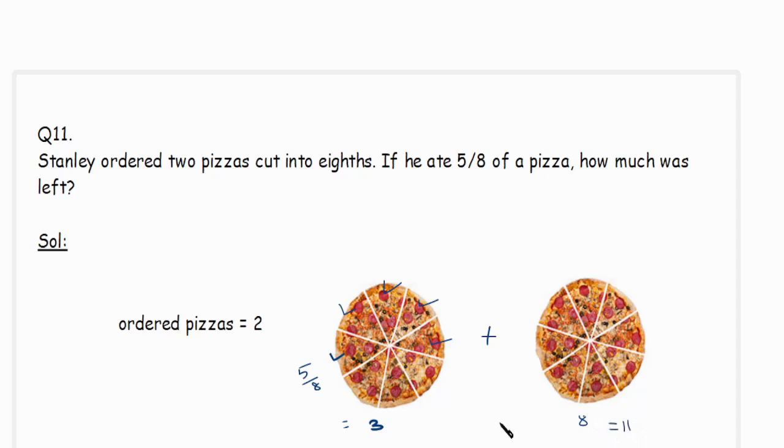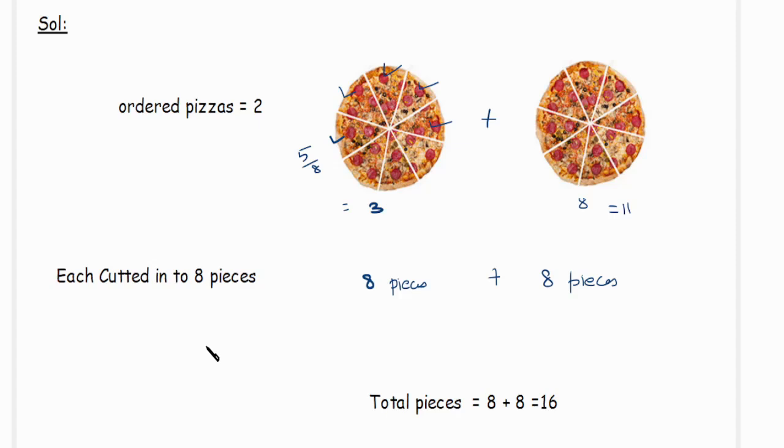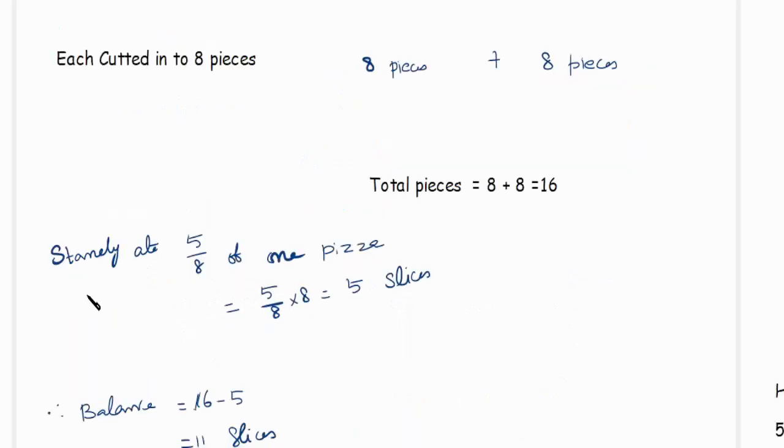So this can also be done mathematically. Each pizza is cut into 8 pieces, so 8 pieces plus 8 pieces, the total number of pieces is 16. Stanley ate 5/8, so from the 8 pieces he ate 5 pieces. Converting 5/8 into slices, 5/8 of 8 equals 5 slices, because the total slices are 8 and he ate 5.